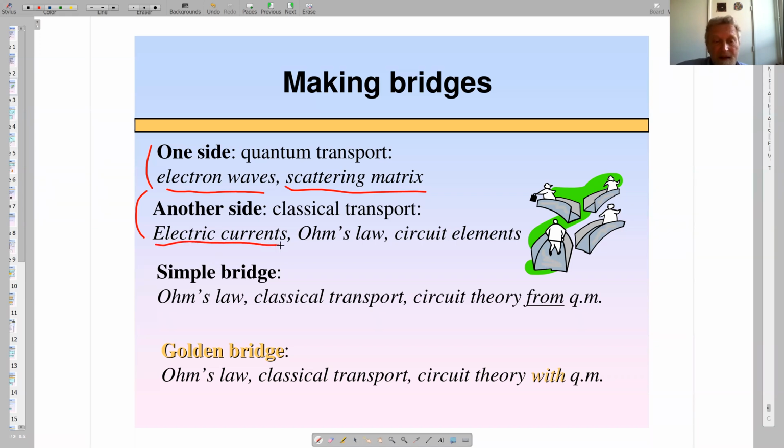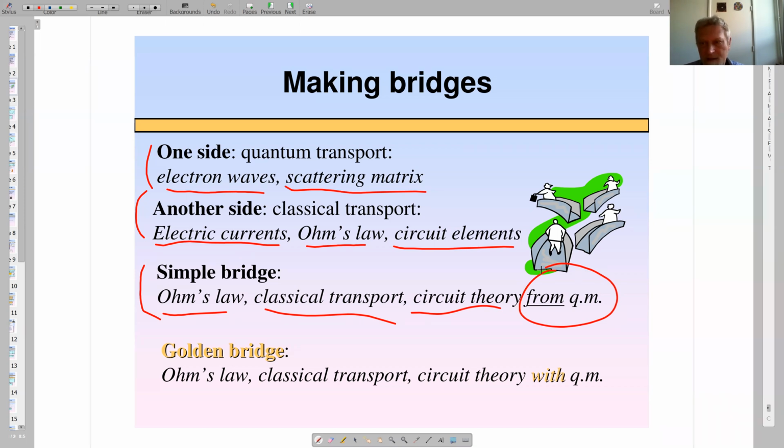We are talking about electric currents, Ohm's law. We make circuits consisting of elements. Right. And again, we will make two bridges rather than one. There will be a simple bridge, and then we will derive Ohm's law, classical transport circuit theory from quantum mechanics.